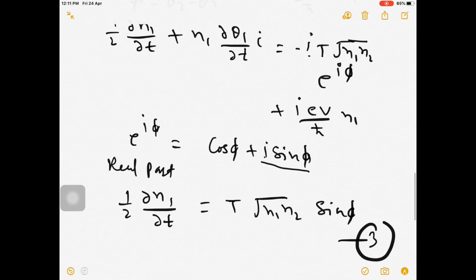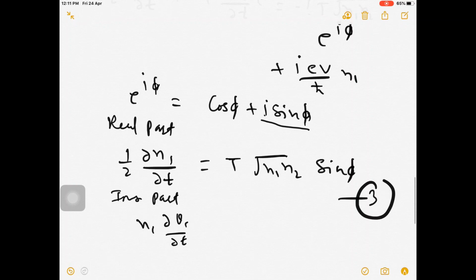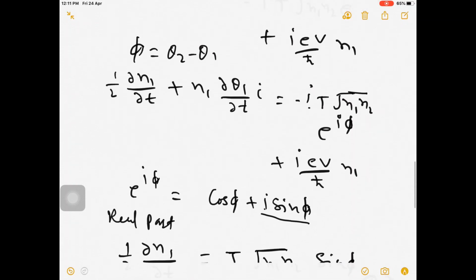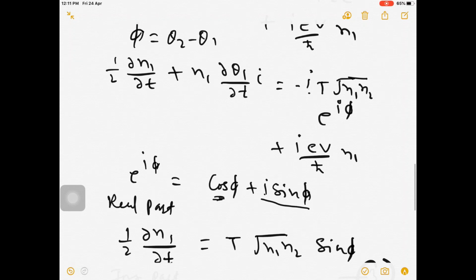And the imaginary part: the left hand side is nothing but n1 del theta 1 divided by del t times iota, and in the right hand side I will get the imaginary term with cos phi and this term.